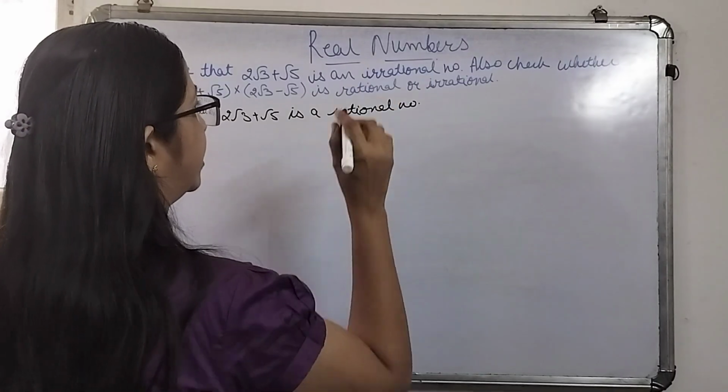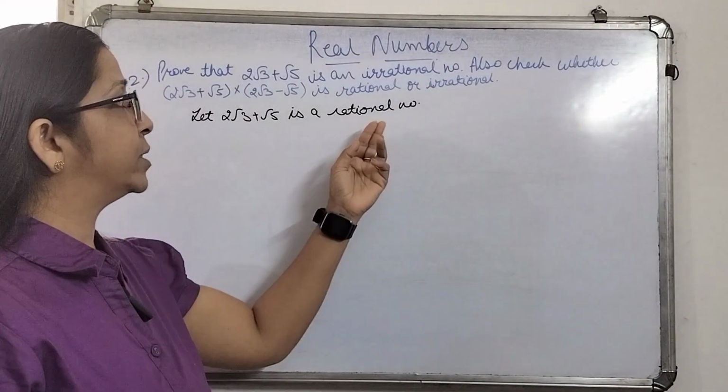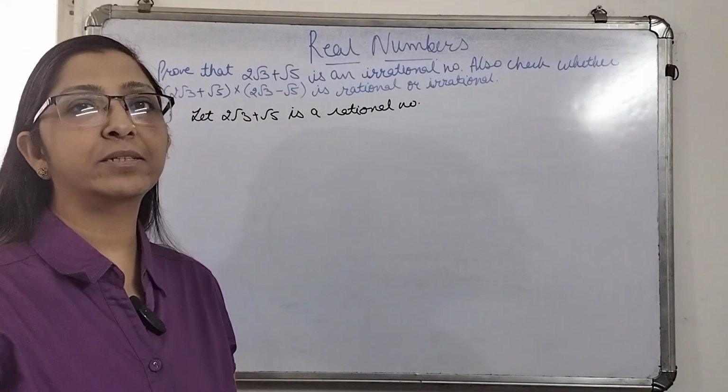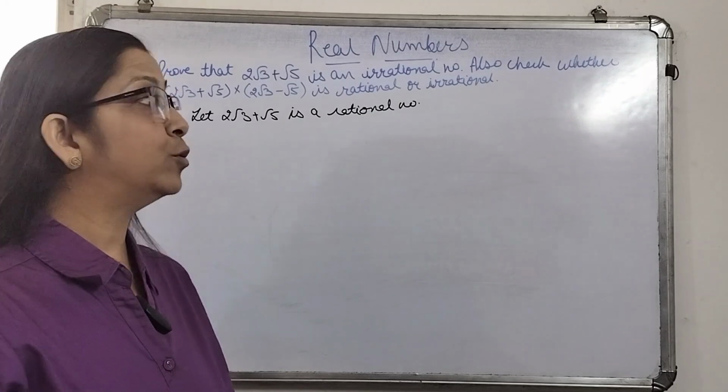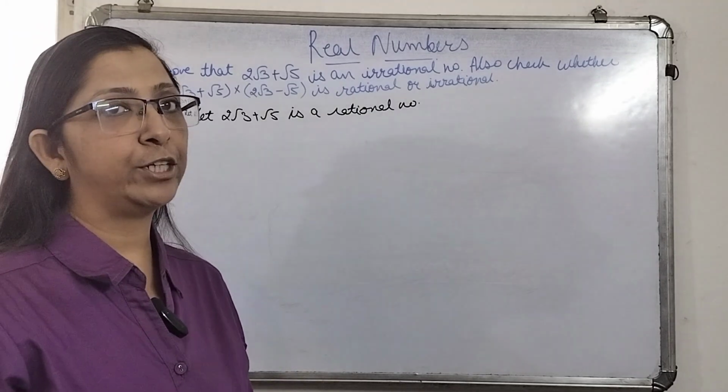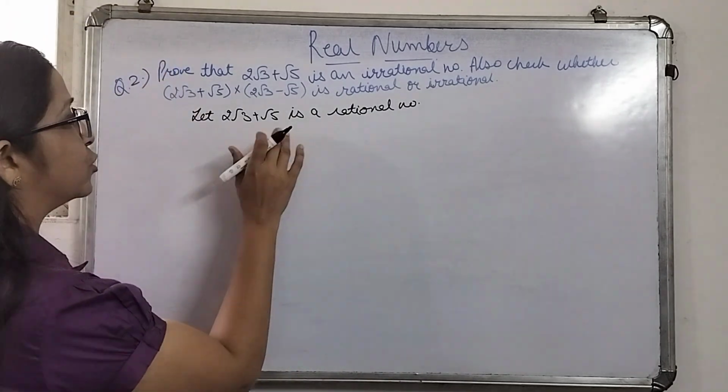If this is a rational number, we know that rational numbers are the numbers which can be represented in the form P upon Q, where Q is not equal to 0. So we are assuming this to be a rational number.